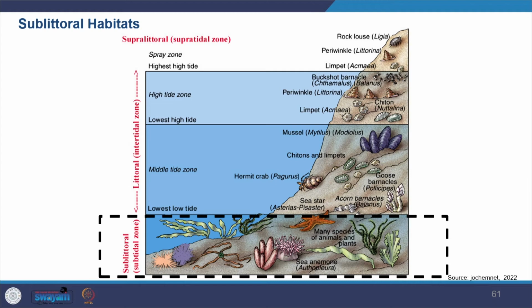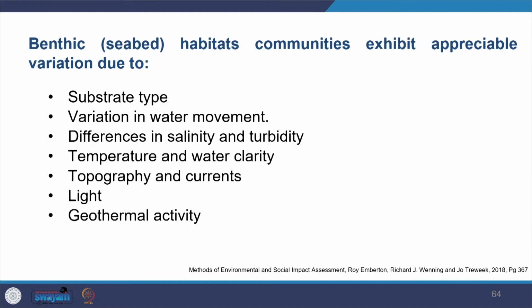And you see that the environmental fluctuation is very low in this sublittoral zone, and the seabed is very soft in nature in this area. Looking at the substrata type of this habitat, this largely controls the range and types of organisms which are present in the area.